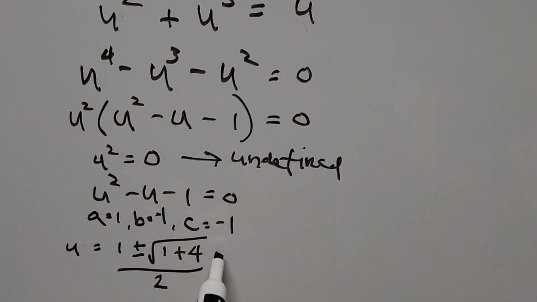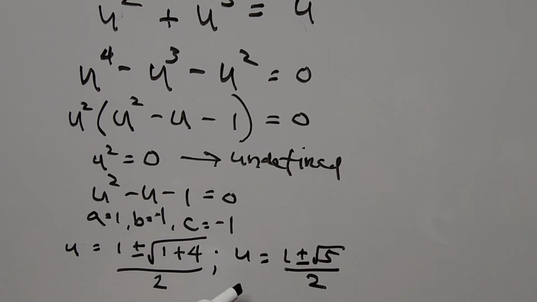So simplify this. We have u equal to 1 plus or minus square root of 5 all over 2. Here, u is an exponential function, where the value of u is 3 to the power of 1 over square root of x from earlier.